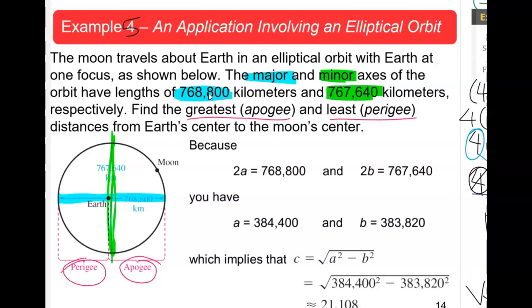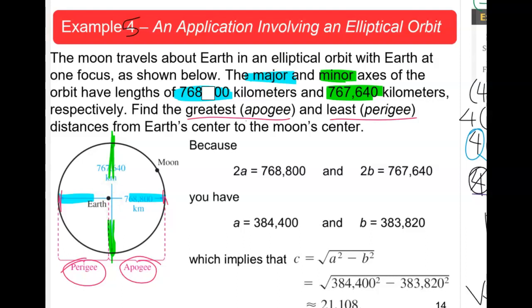So we're talking about the distance from here to here, from here to here, and then from here to here. And for some reason, this is the Earth, remember this is the orbit of the moon, and this is actually very interesting.